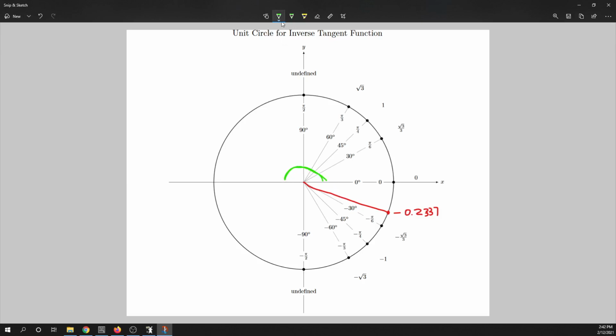And so what that means is that if you take this angle right here, and I didn't draw it very straight at all because it's hard to draw with my mouse, so imagine that's supposed to be a perfect straight line, then the value of the tangent for this angle from here to here would be 0.2337 as well. Okay, so if it's on a perfect straight line, which it's supposed to be.